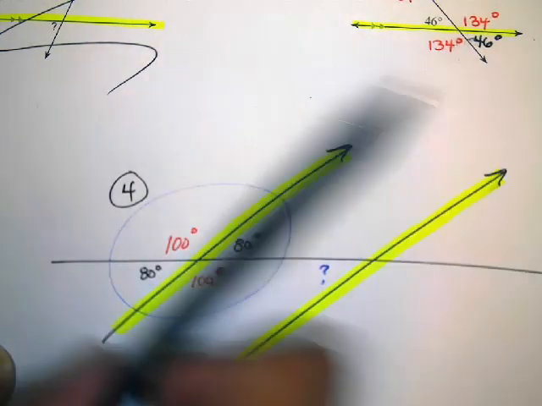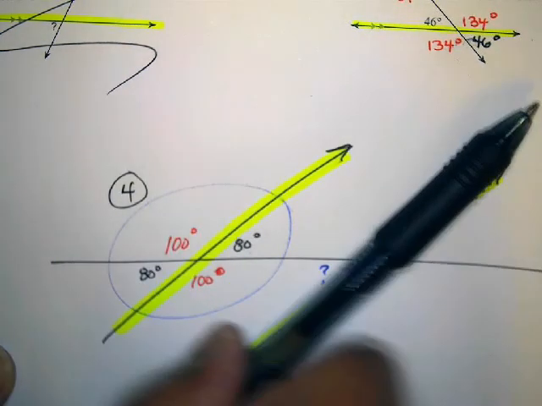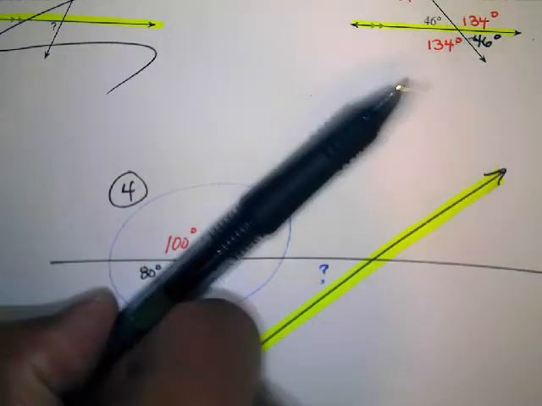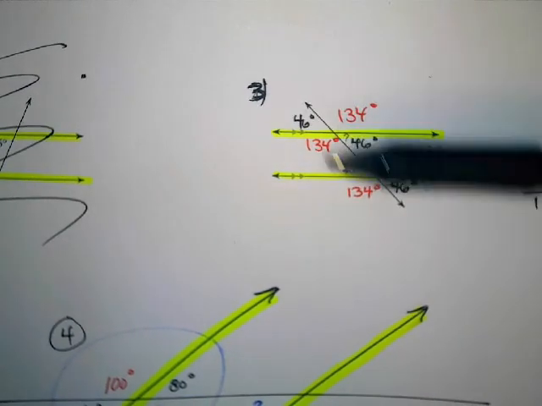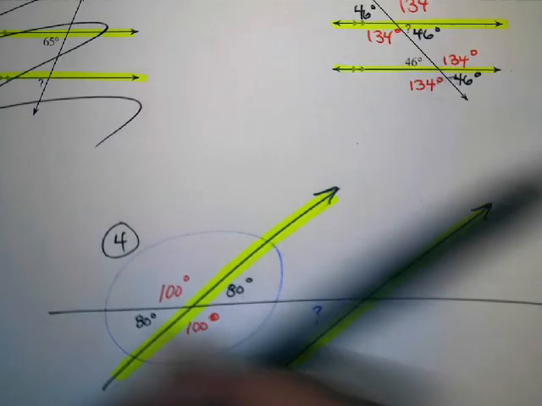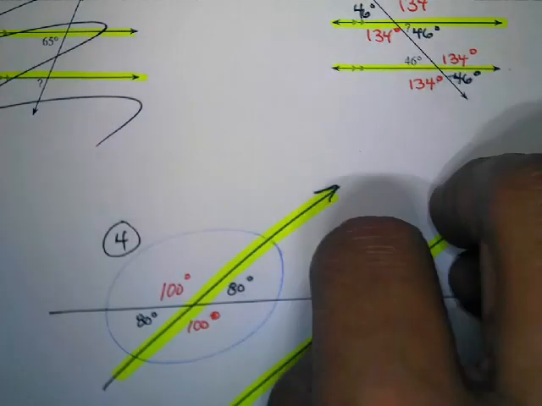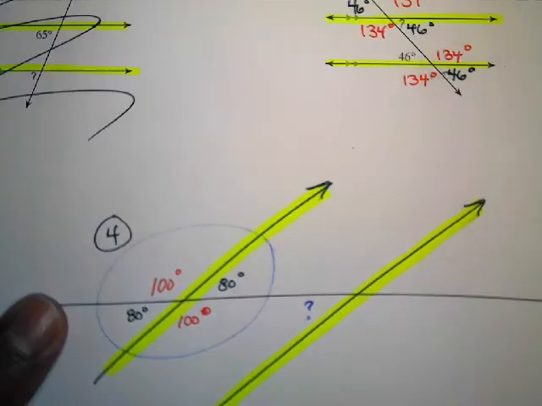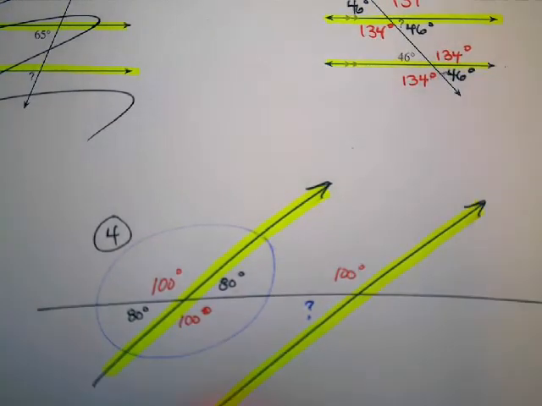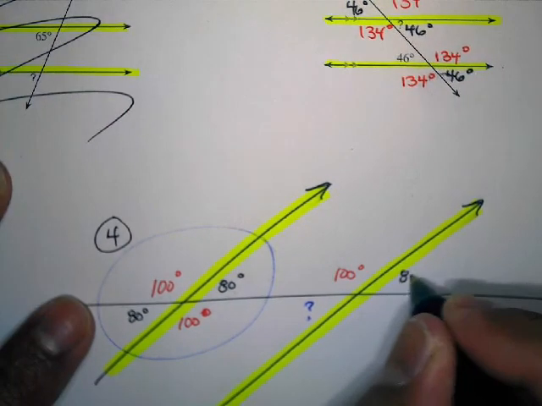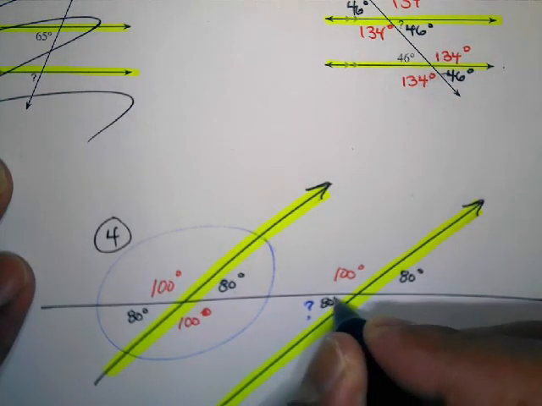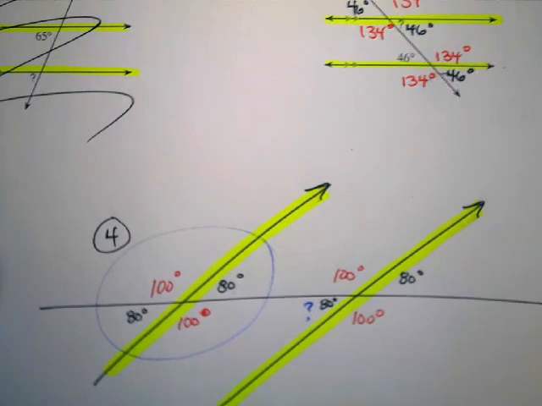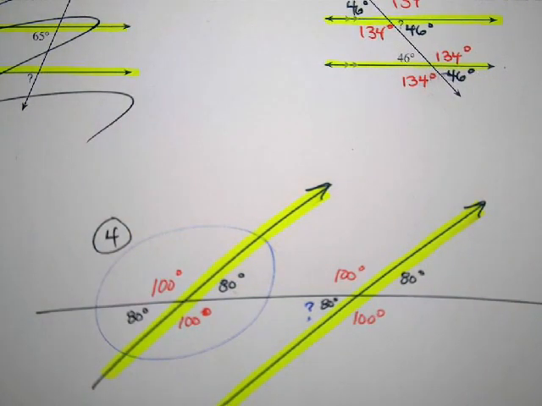Now I get all these values exactly the way they look. And I go this way, the way the parallel lines are running. The parallel lines are left and right. On the previous problems we copied up and down because the parallel lines were going up and down. Now they're going left and right. So I find one, copy all the information to the other side, so that'll be 100, 80. So that means this one's 80, right? And this one's 100.